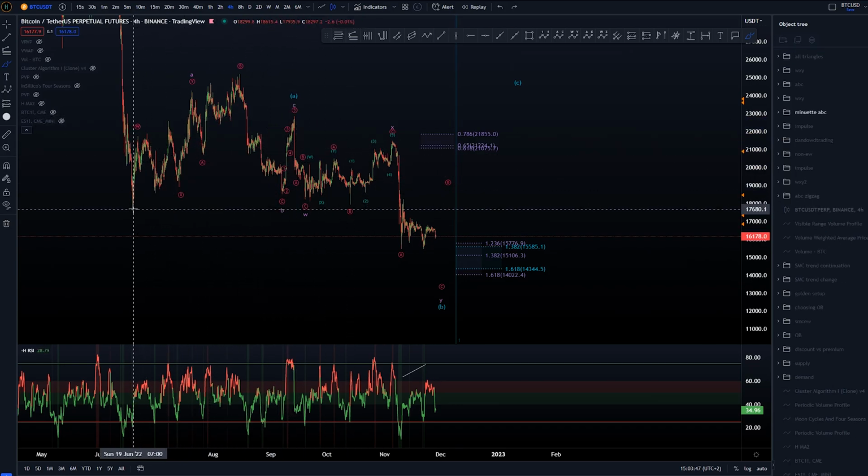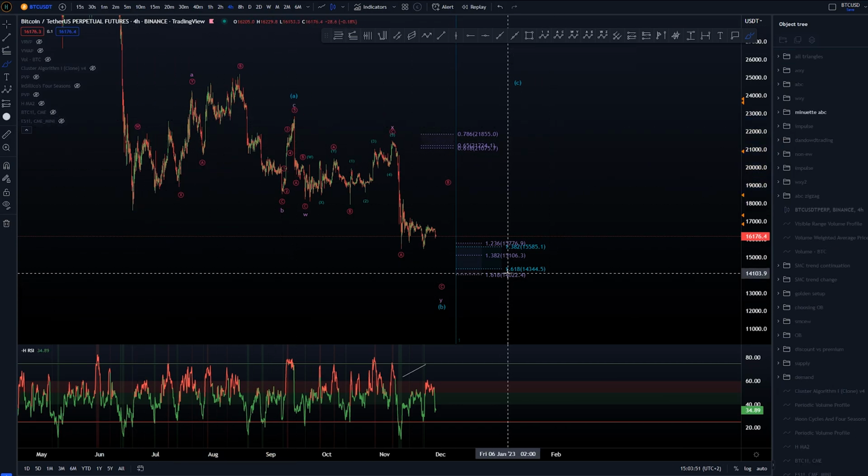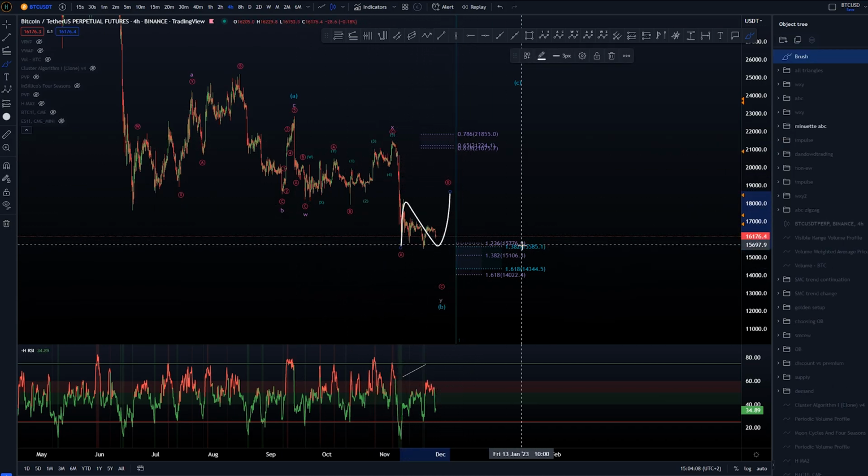And with the proportions in mind, we don't really want to see that being broken, and if it does, then we need to be looking into the other structures that we have. My main is this one, just because of the higher time frame proportions. But yeah, that's that. Here again, the same expectation is that we are creating this.